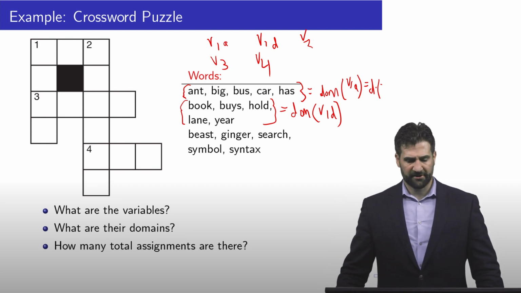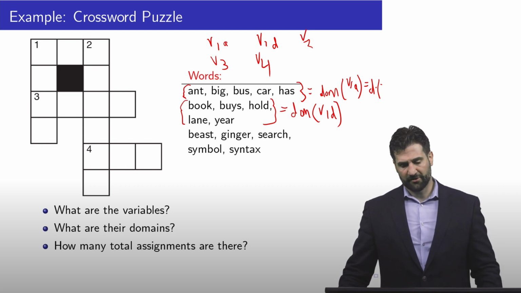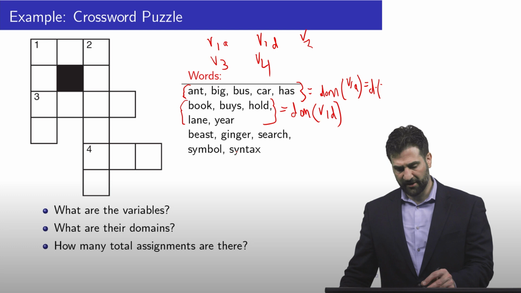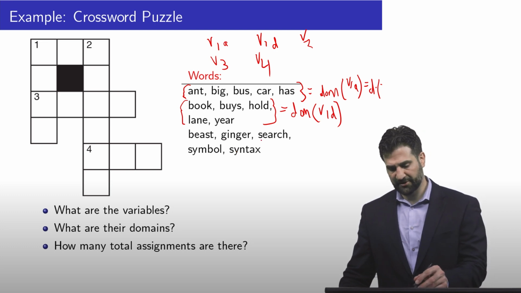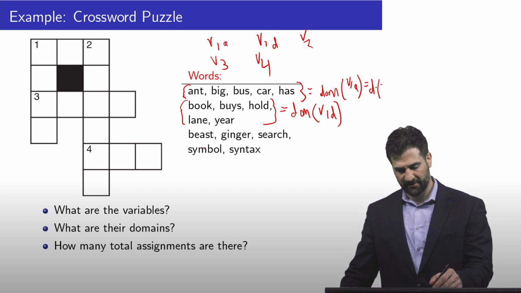The next we have is variable 3, which is a 5-letter word. So we have beast, and ginger is 6, search is 6, symbol and syntax are both 6. So we just have, I'll just rewrite beast here.